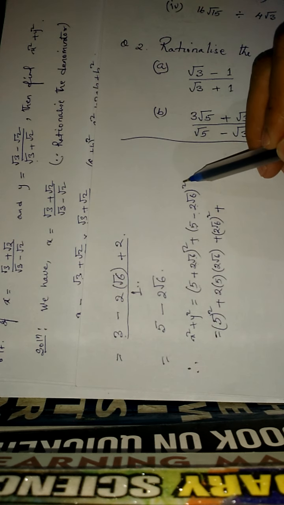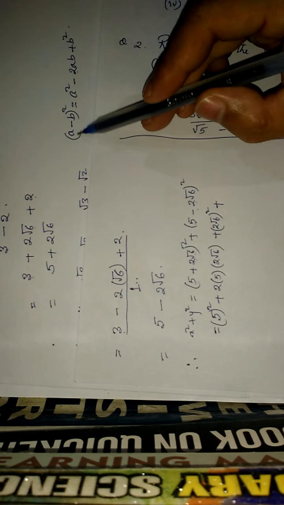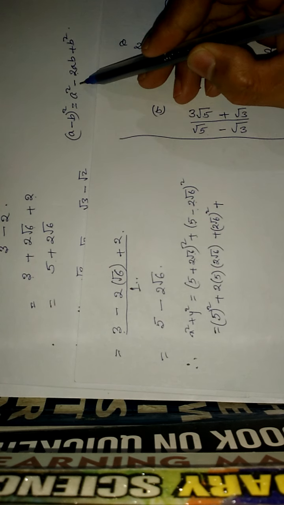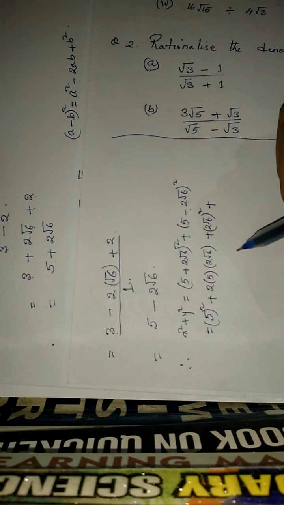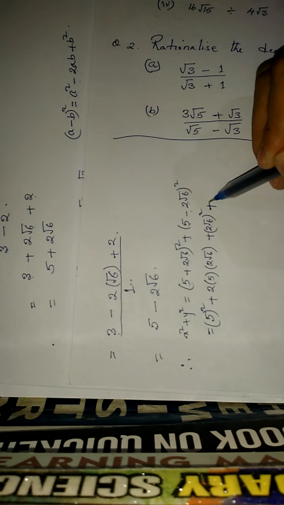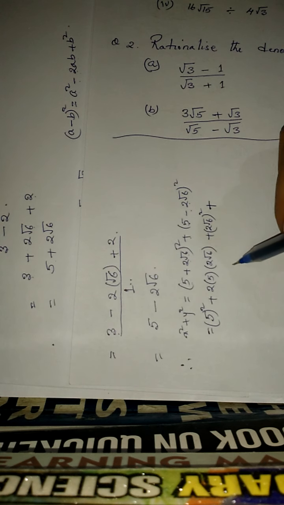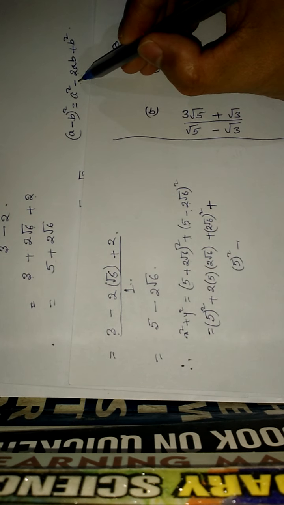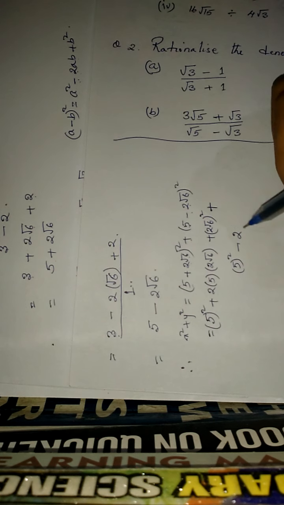A square will be 5 square, minus, since it is minus here we put minus 2 times a value 5 and b value 2 root 6, plus b square will be 2 root 6 squared. Okay, then let's continue here.